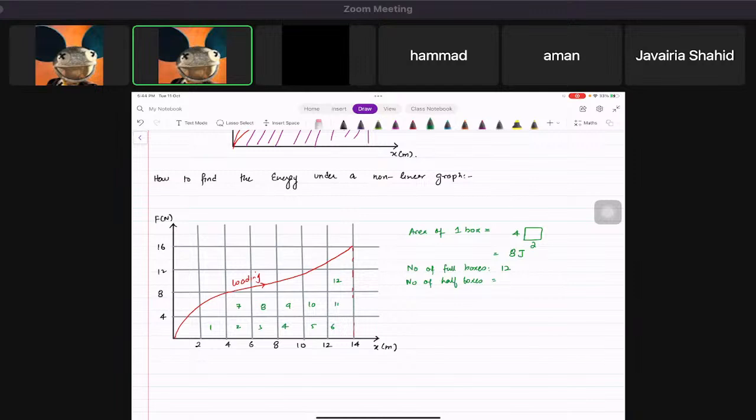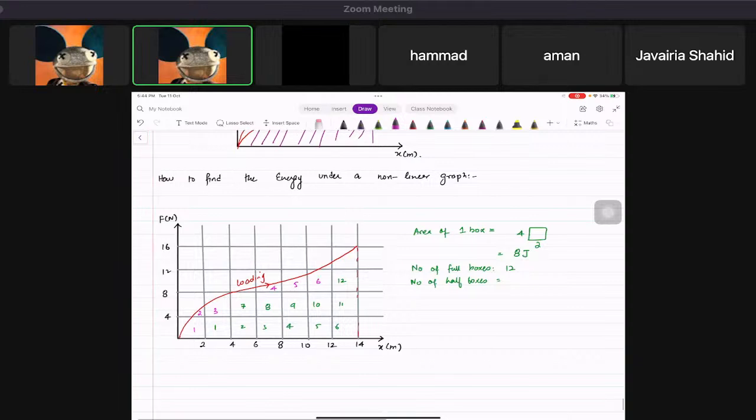So I'm going to count them: 1, 2, 3, 4, 5, 6, 7, and 8. I'm going to count this 8 and this one together because this is too small.